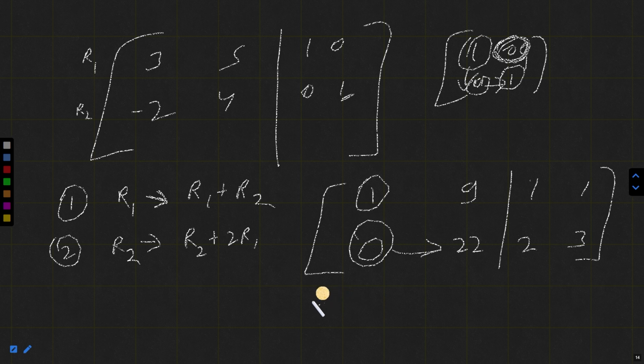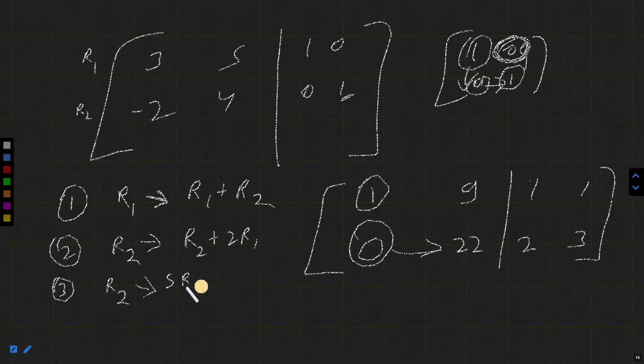So the third thing will be the change in R2. This means 5 times R1 minus 2 times R2. So first of all, 5 times R1 minus 2 times R2. Okay, clear?